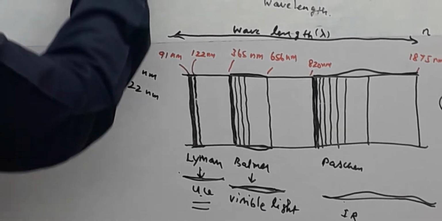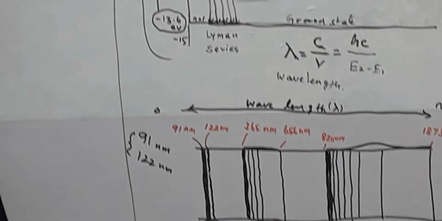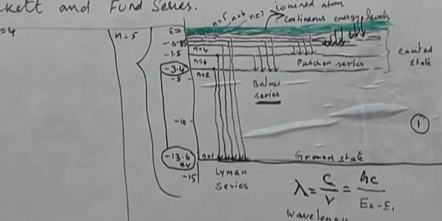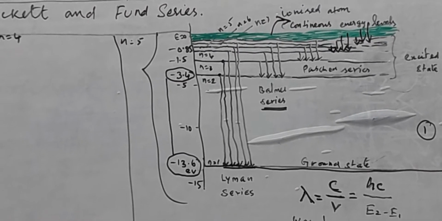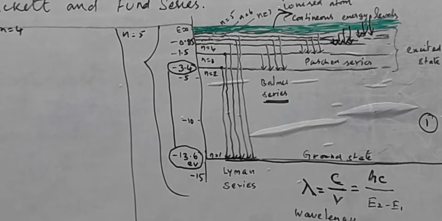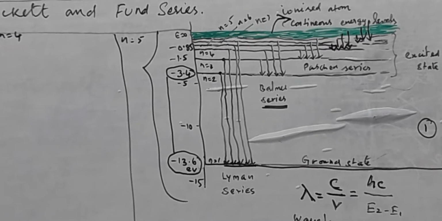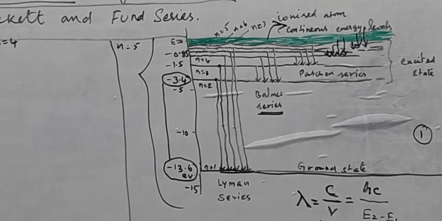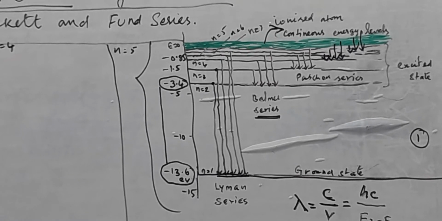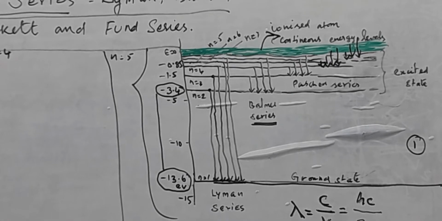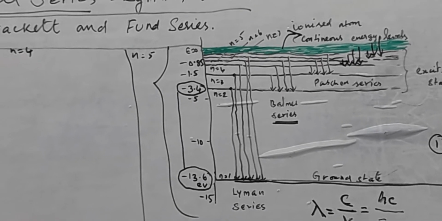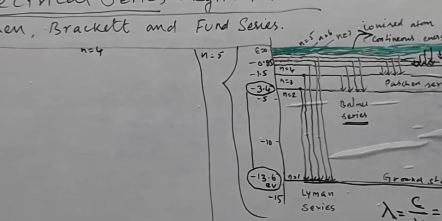Now, we want to explain the five spectral series as per the equation, the Rydberg constant and Bohr atom model. Now, nu bar, what is it?